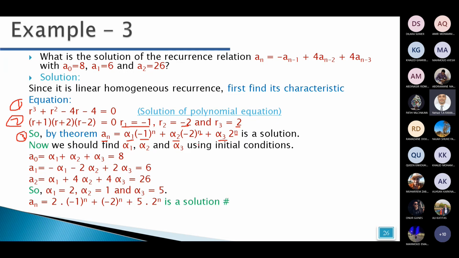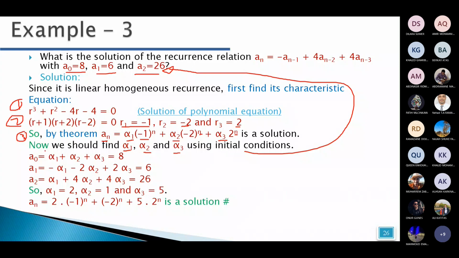So each solution of the characteristic equation, to the power n, is multiplied by alpha. So we have 3 alphas. We can solve for them using the initial conditions. Because we have three constants, we need 3 initial conditions here.